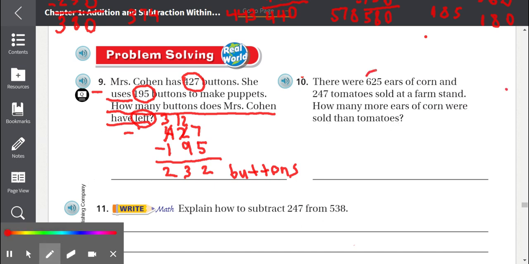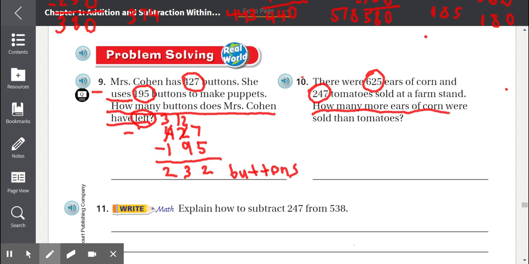There were 625 ears of corn and 247 tomatoes sold at a farm stand. How many more ears of corn were sold than tomatoes? Now, whenever we see the phrase how many more, we know it means to subtract. So we're going to be subtracting. So we have to find out how many more ears of corn were sold than tomatoes.